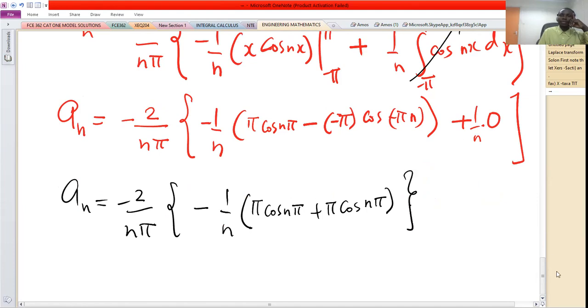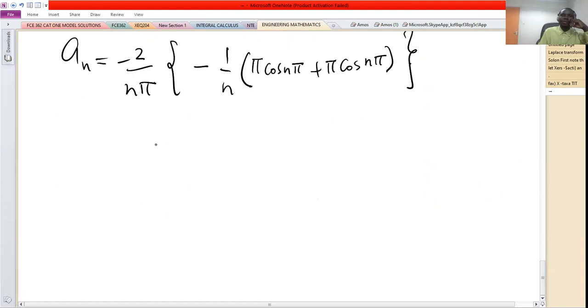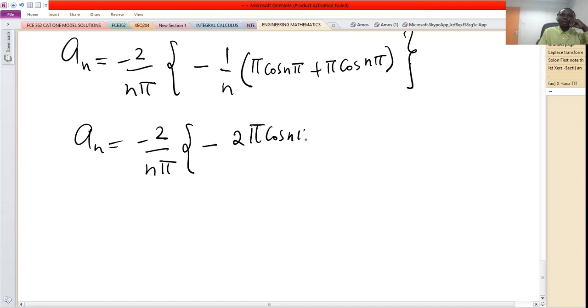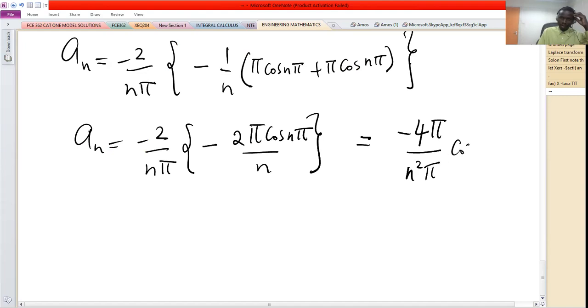Because this other part is 0, an is minus 2 over n pi times minus 2 pi cosine n pi over n, which is minus 4 pi over n squared pi cosine of n pi.